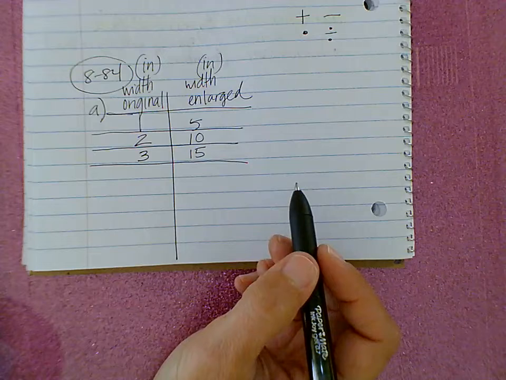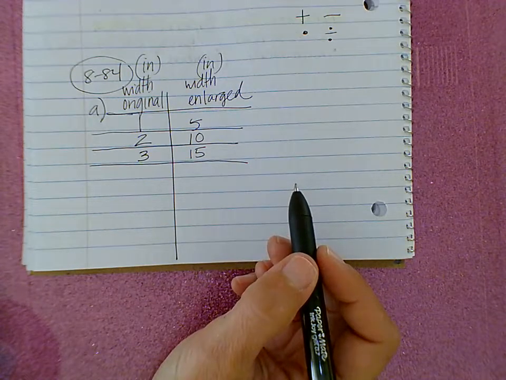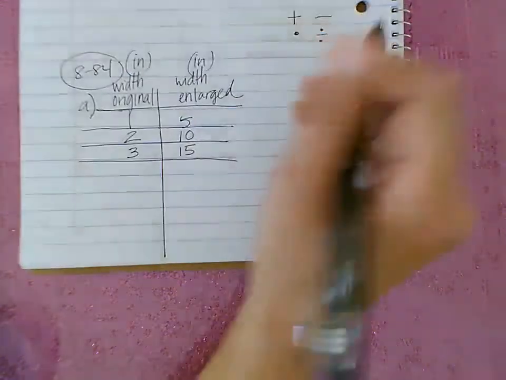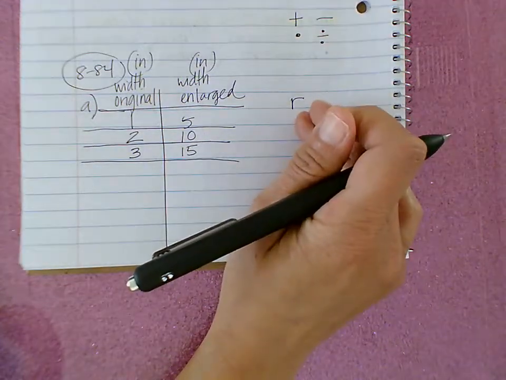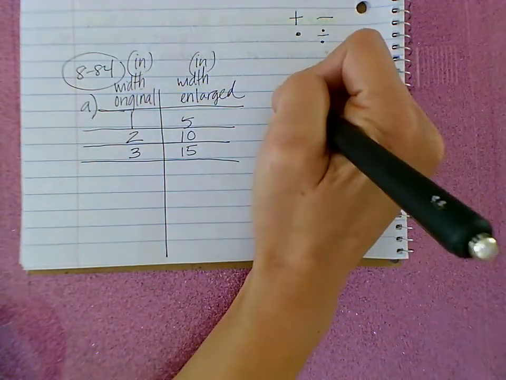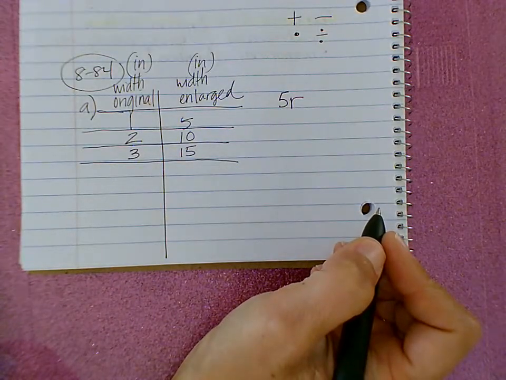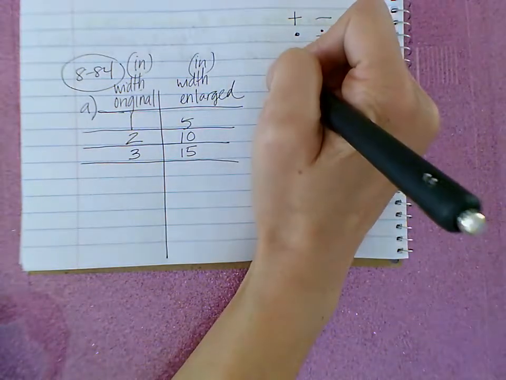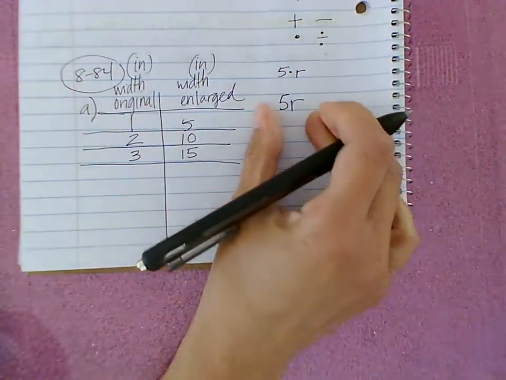It says, help Margaret by writing an expression that represents the width of the enlarged diagram if her original diagram is R. So if her original is R, what is she doing to that R every time? Times 5, right? All you have to do is put a 5 right next to the variable to indicate 5 times R. You could write it like 5 times R, but this is more common to write.